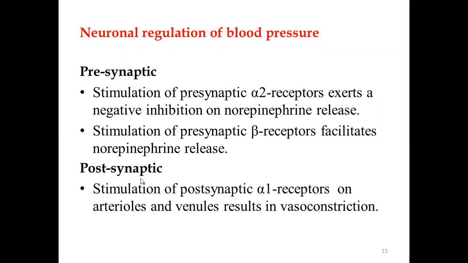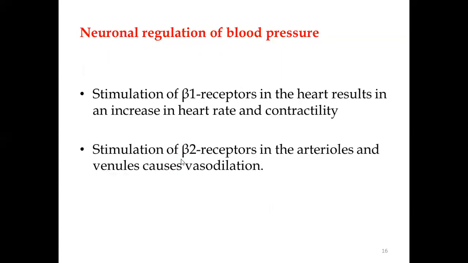As a result, blood pressure can be increased. So currently, we do have drugs which target the alpha-1 receptor. We call them alpha-1 receptor blockers, like prazosin. I hope you have covered it somewhere. I don't know, maybe in medicinal chemistry.